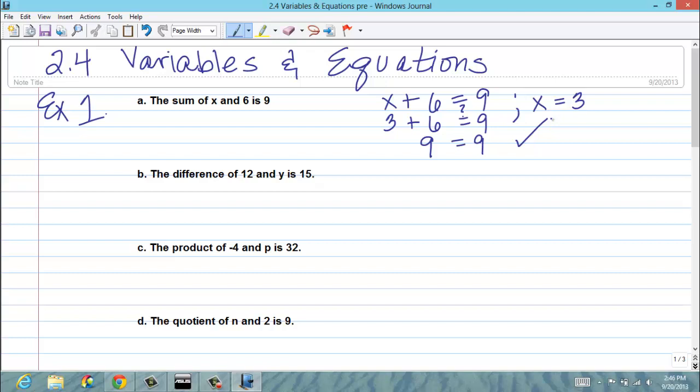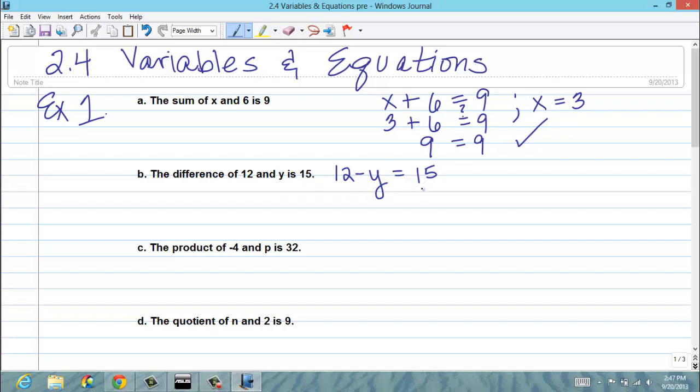The difference of 12 and y is 15. Difference, obviously meaning subtraction. The difference of 12 and y, because 12 was mentioned first and y second, that's the order we'll write it in. So 12 minus y is, meaning equals, 15. Here is our equation. Let's try to use mental math to solve it. So if we subtract a number from 12, we'll get 15.